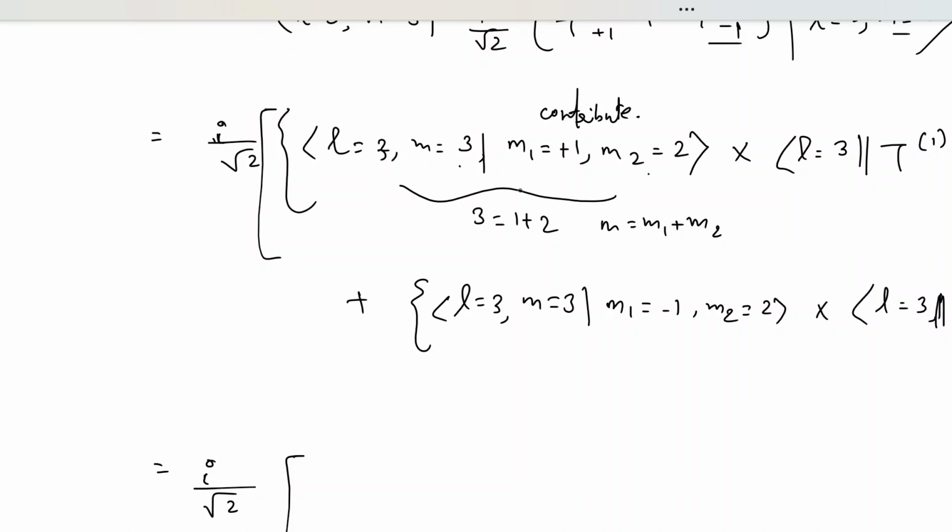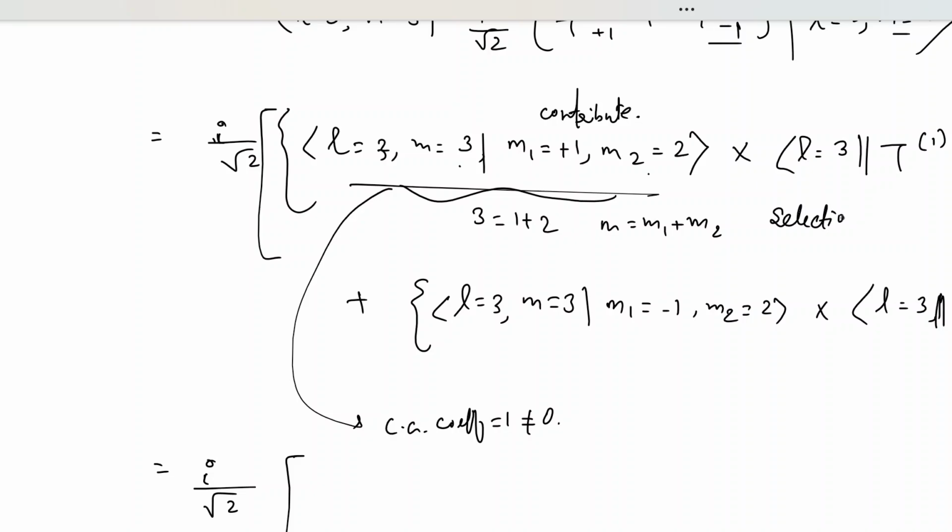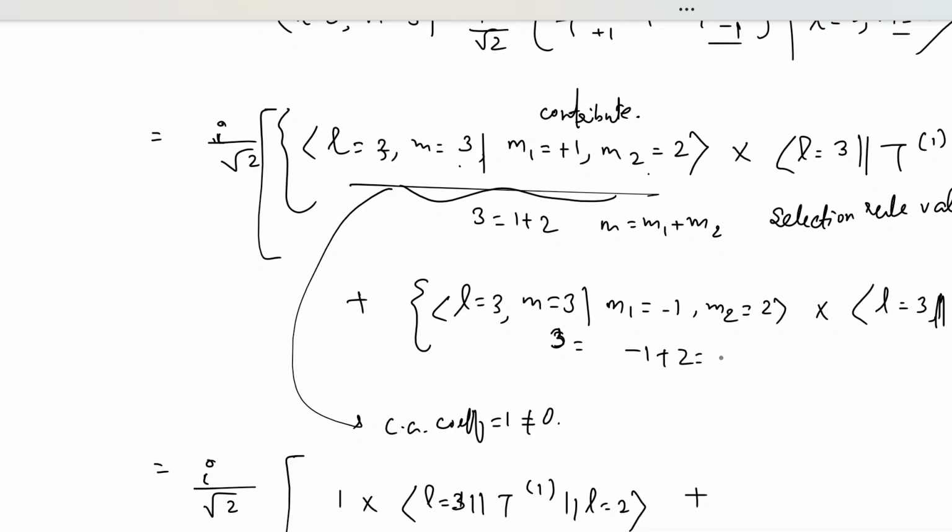And this value will be basically 1. So the CG coefficient value is equal to 1 and non-zero because this is allowed from the selection rule. So you take this value as 1 cross this whole L term, plus here you see that m equal to 3 and on the other hand you have minus 1 plus 2, which is plus 1.